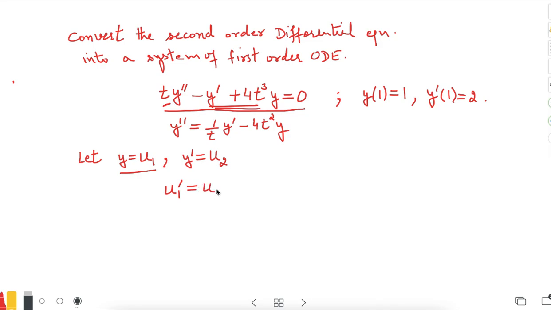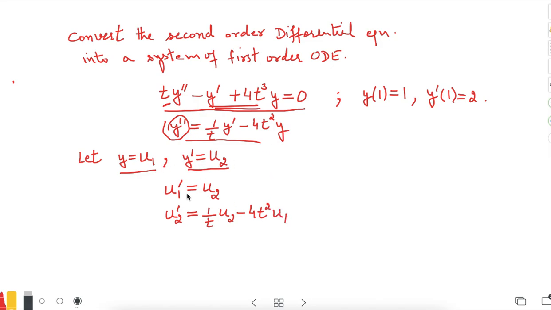So u1 dash will be u2. And if I differentiate the second equation, then u2 dash equals y double dash, and y double dash is given by this equation. Okay, so I can easily rewrite it as 1 by t of y dash, and y dash is u2, minus 4t square of y, and y is u1.